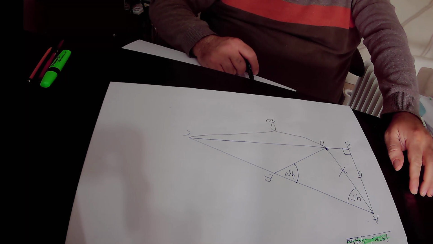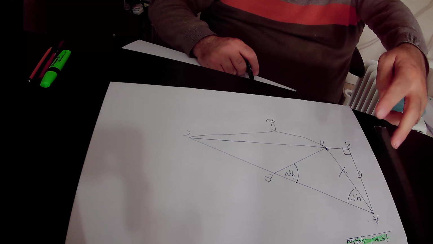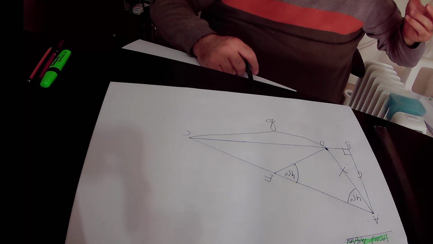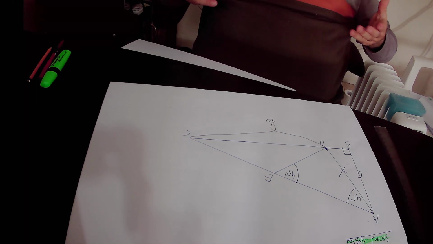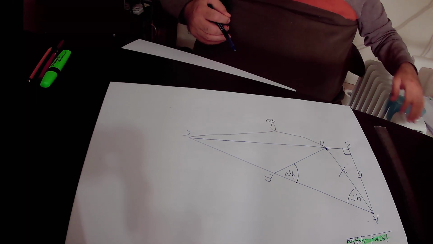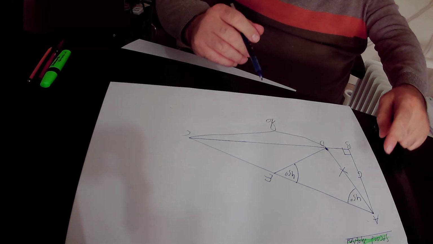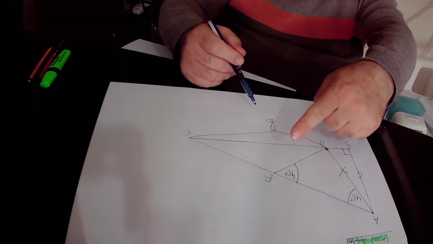In triangle ADE we have two equal angles, both equal to 45 degrees. And we know that in front of equal angles in a triangle there are equal sides. That is to say, AD must be equal to DE.